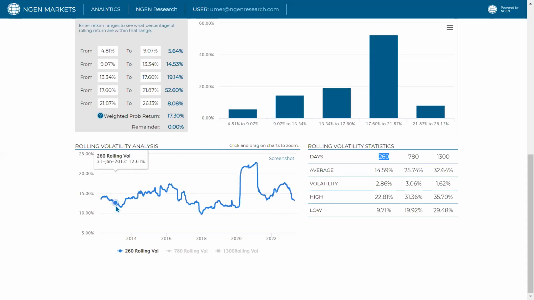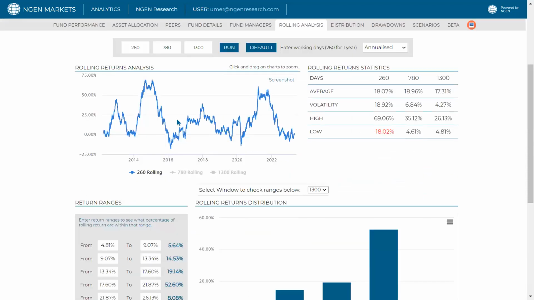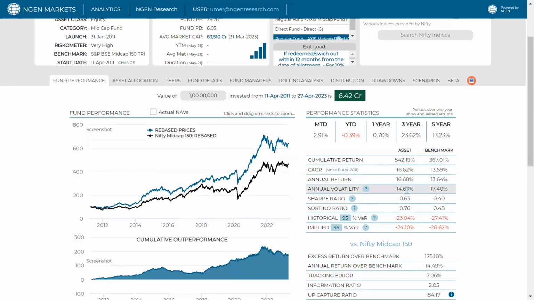For example, if you see the periods here, for the 1 year period, how volatile is this fund? If I want to look at volatility, I cannot look only at the fund performance, which is an annualized volatility since 2011, because volatility is quite dynamic. It might change in certain periods, in certain crises.